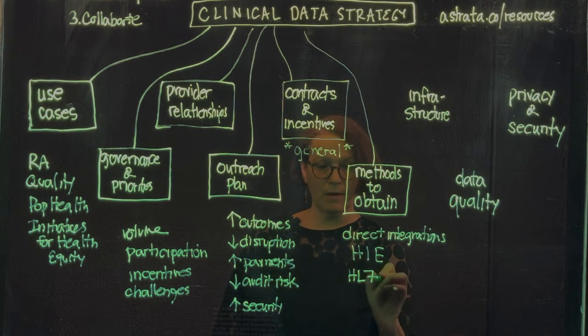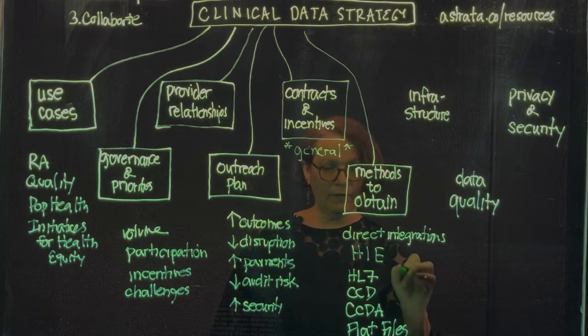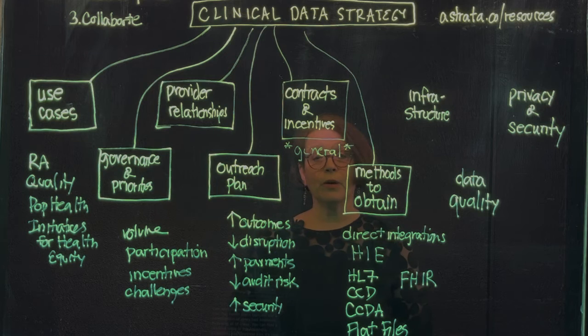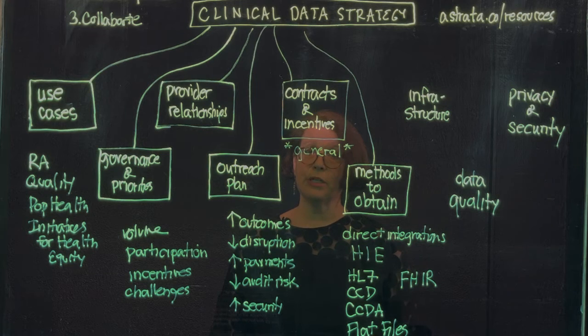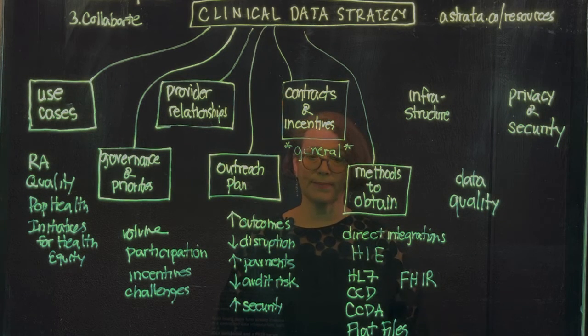HL7, CCD, CCDA, flat files, and FHIR are examples of different types of integrations, and they each have their own advantages and disadvantages. We find that health plans typically use a combination of every tool available, including all of these. You can find a detailed table in the appendix explaining each method with its pros and cons.